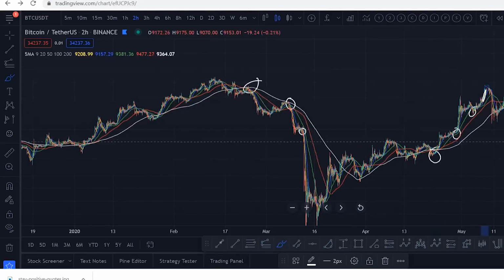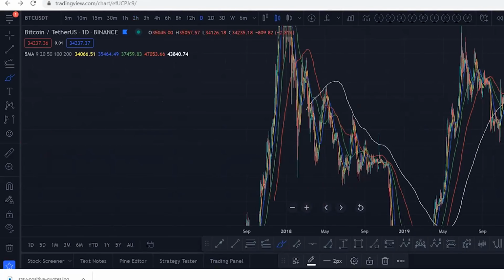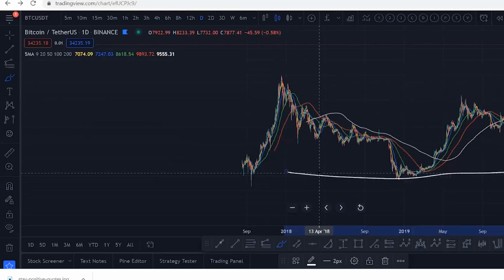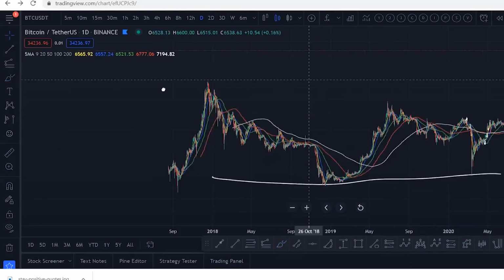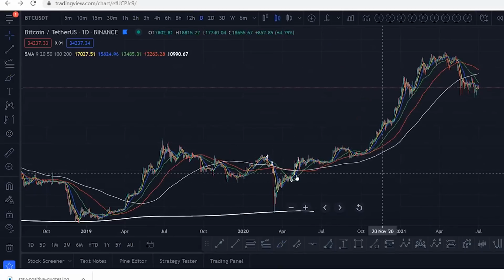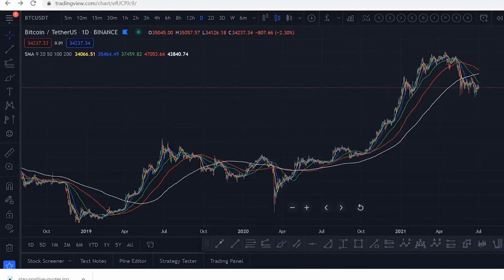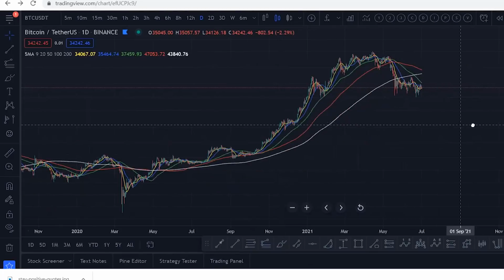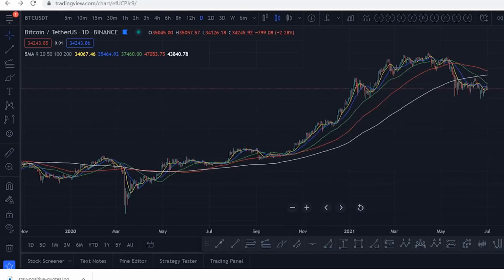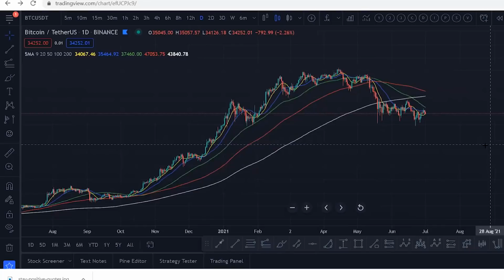Normally, if I'm looking also at the daily timeframe, you can see the trend of the market. For example, you can see now Bitcoin. If you analyze it, we are in a consolidating period.